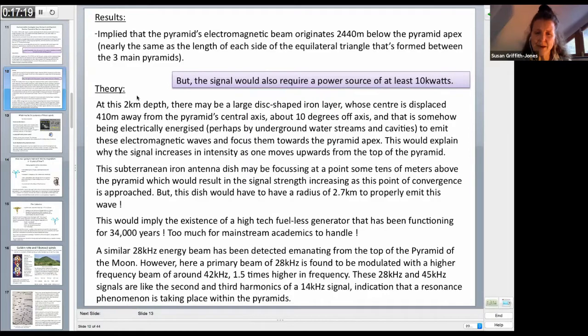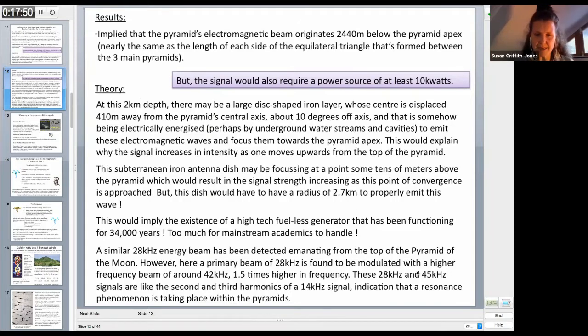However, here, a primary beam of 28 kilohertz is found to be modulated with a higher frequency beam of around 42 kilohertz, 1.5 times higher in frequency. So these 28 kilohertz and 45 kilohertz signals are like the second and third harmonics of a 14 kilohertz signal, with an indication that a resonance phenomenon is taking place within the pyramids.